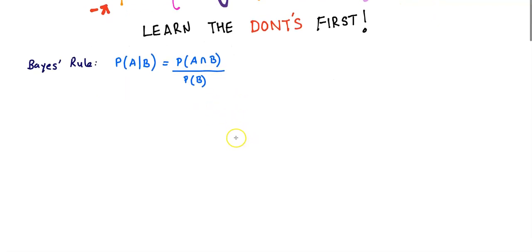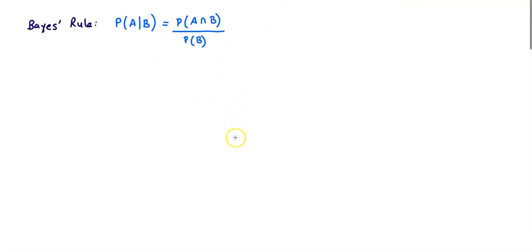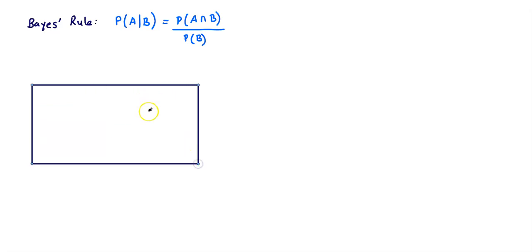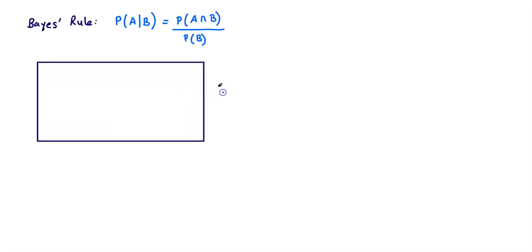So let me scroll down a little bit and let's draw a representation of probability first. So let's say we have the sample space that is represented by this rectangle. So the rectangle represents the set of all possible outcomes, and let's say A is represented by this circle.